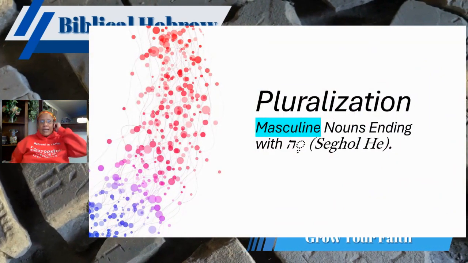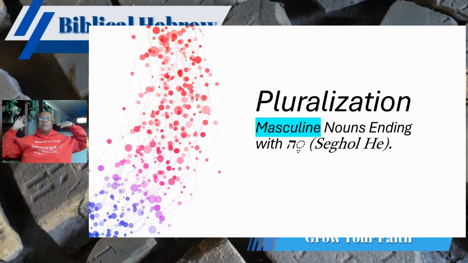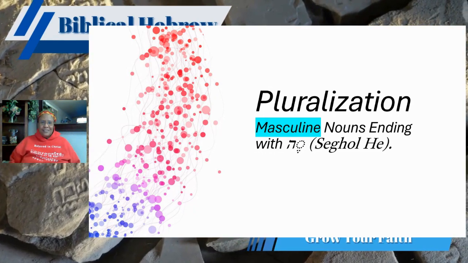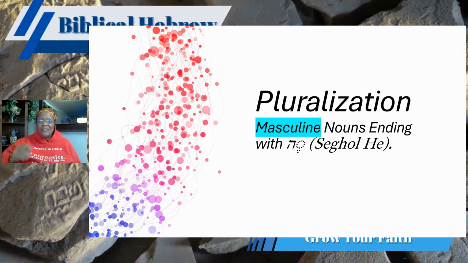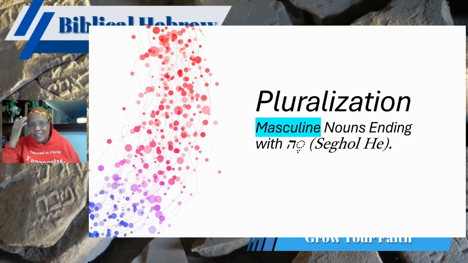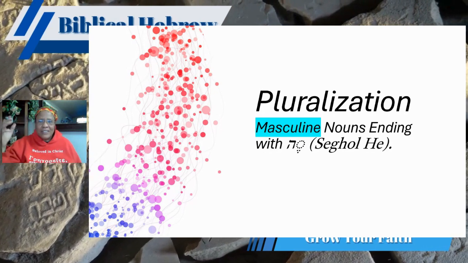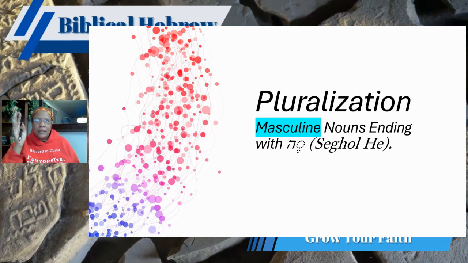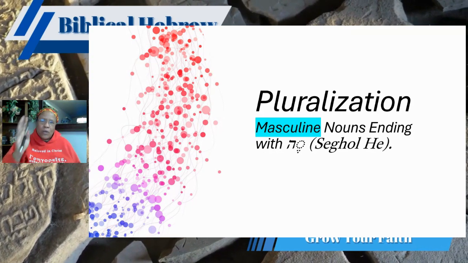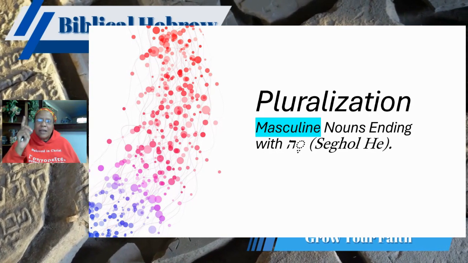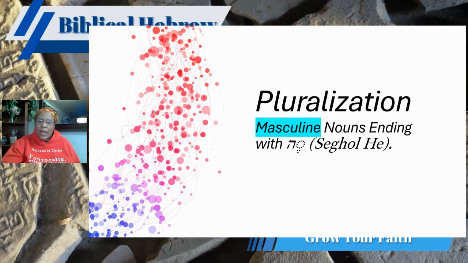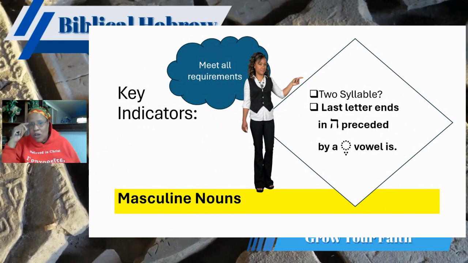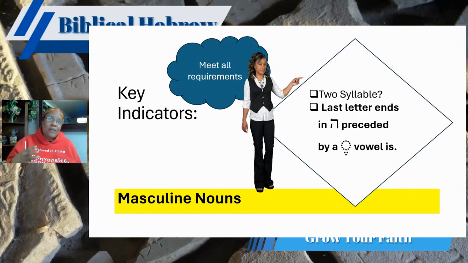Okay. In this next section, we're talking about pluralization of masculine noun endings. Why do I stress masculine? Because you're not asking if these are masculine nouns. They are masculine noun endings. But the difference is what we're going to study next are masculine noun endings with the segol hey at the end, which can drive you crazy because you know that the hey is usually a feminine ending.